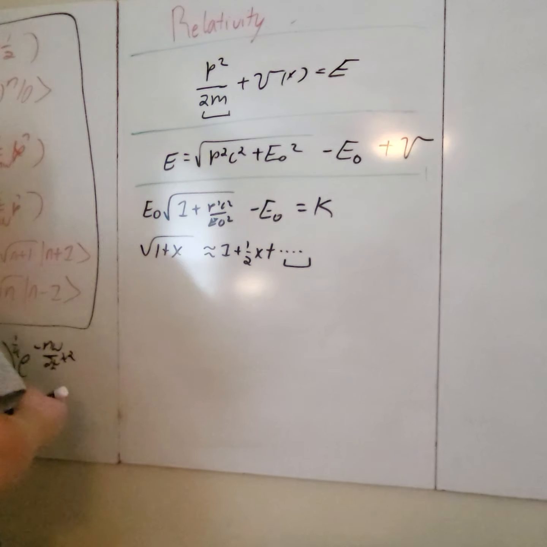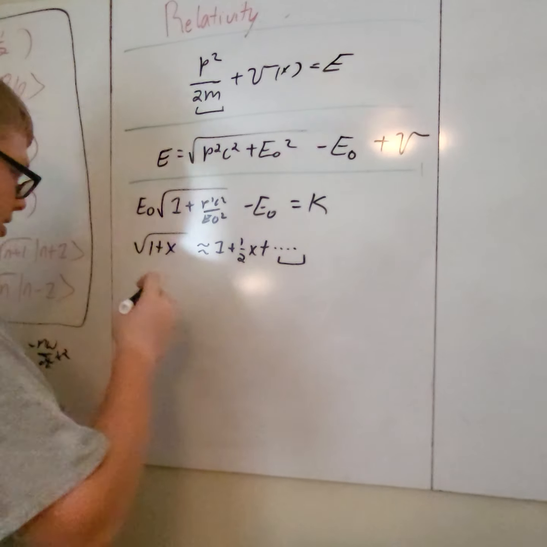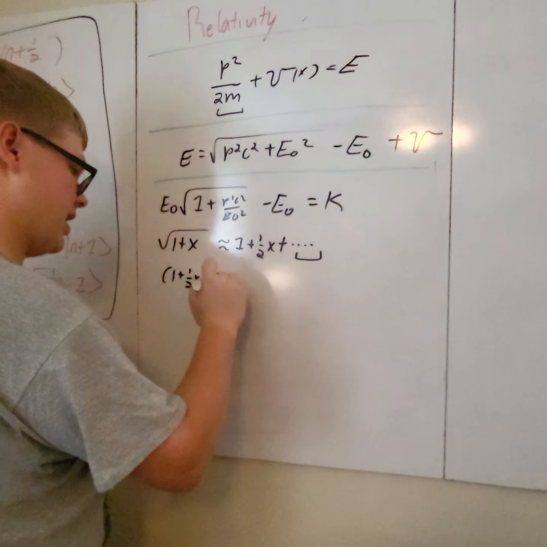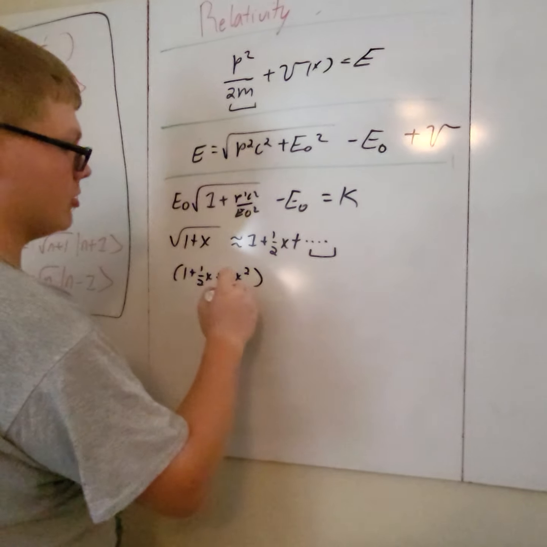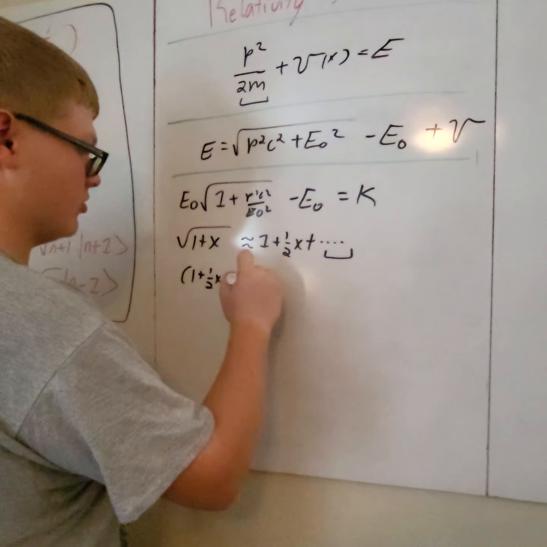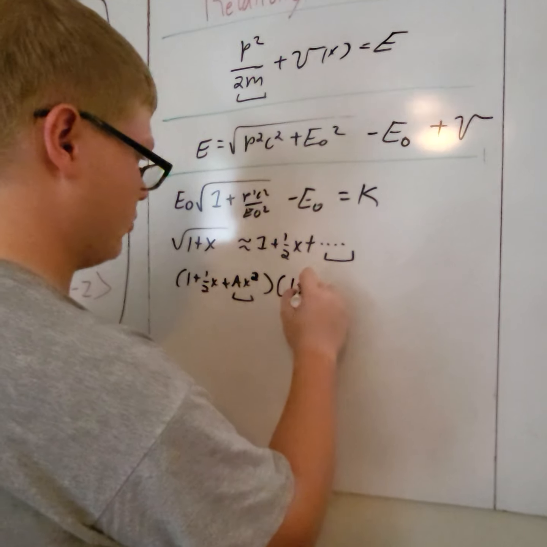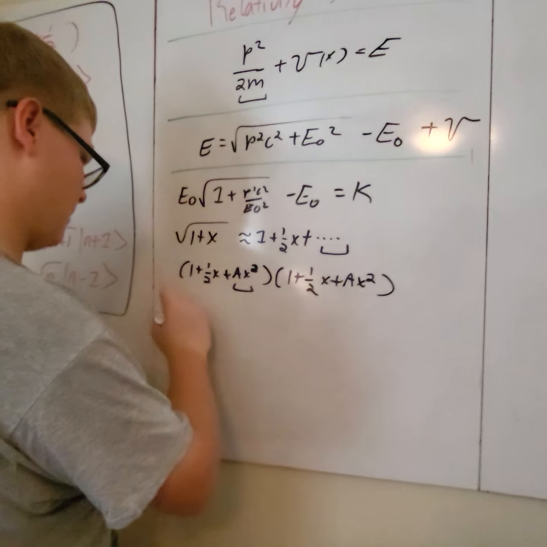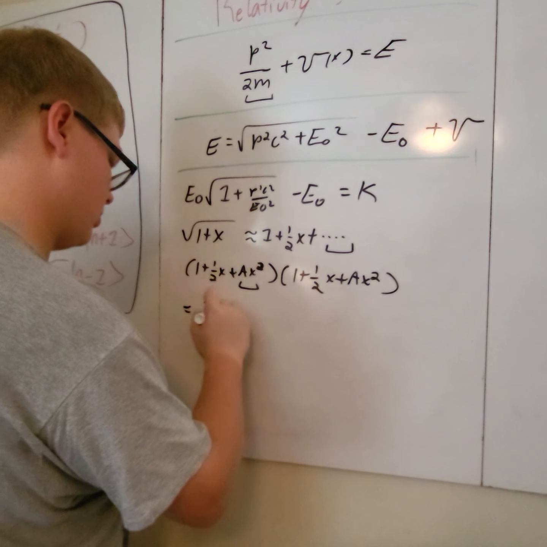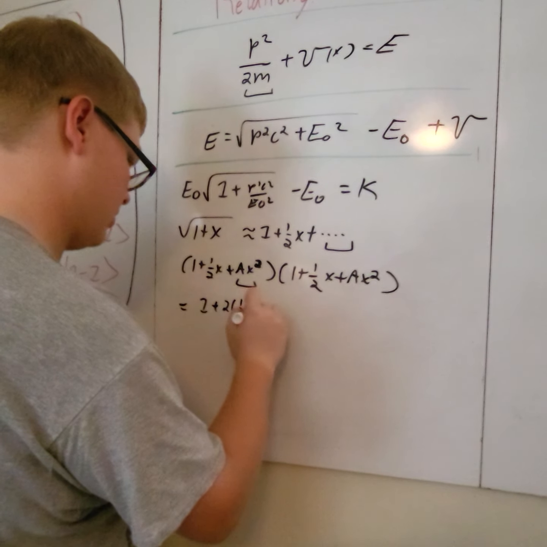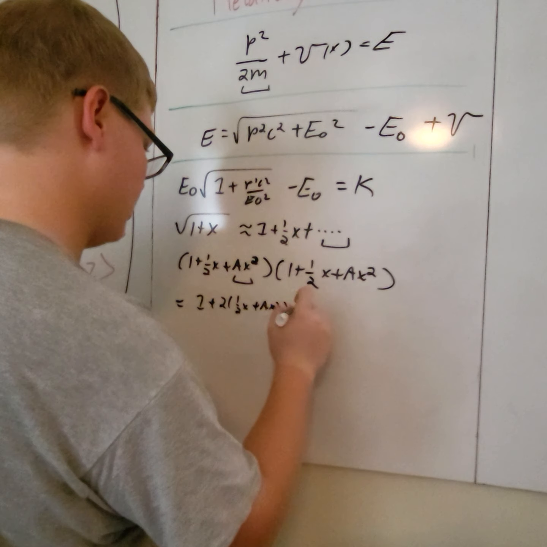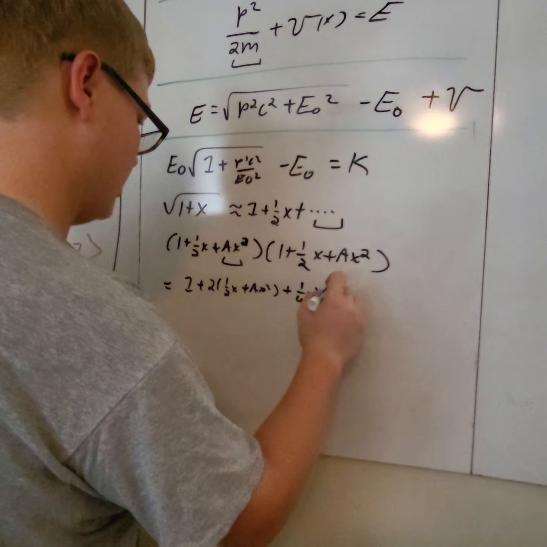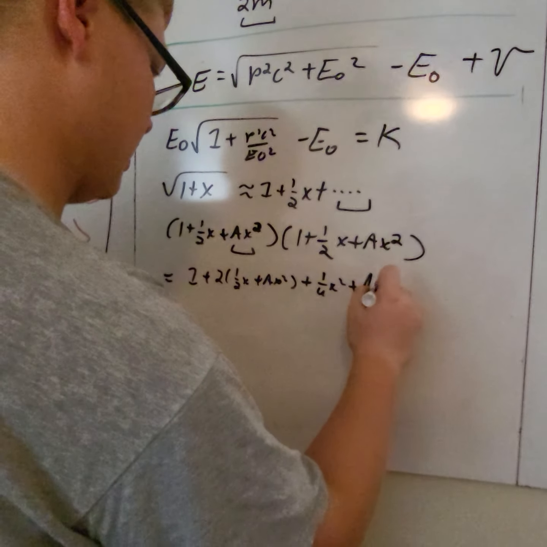Well, let's compute. You can do this with the Taylor series, but it's kind of time consuming, so I'll just say the square root of 1 plus x is 1 plus 1/2 x plus a x squared, and we're going to neglect terms that are higher than order x squared. Squaring, 1 plus 1/2 x plus a x squared squared equals 1 plus x plus (2a plus 1/4) x squared plus a x cubed.